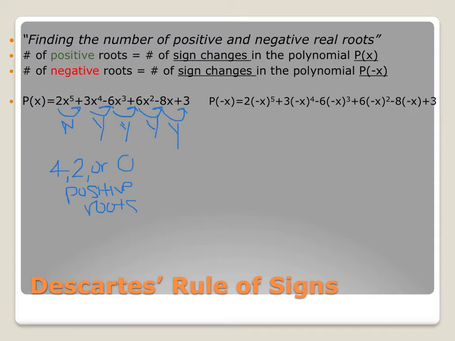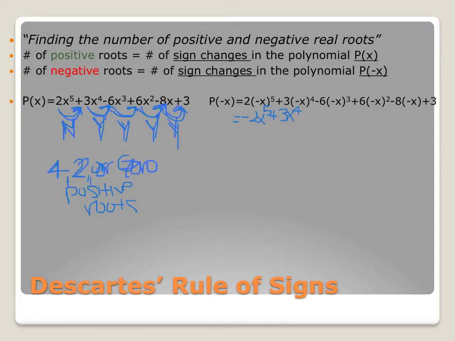Now let's take a look at the negative roots of our polynomial, p of negative x. Here we're plugging in negative x. We can rewrite this problem by stating a negative x to the fifth would be negative 2x to the fifth. Negative x to the fourth is positive, so positive 3x to the fourth.